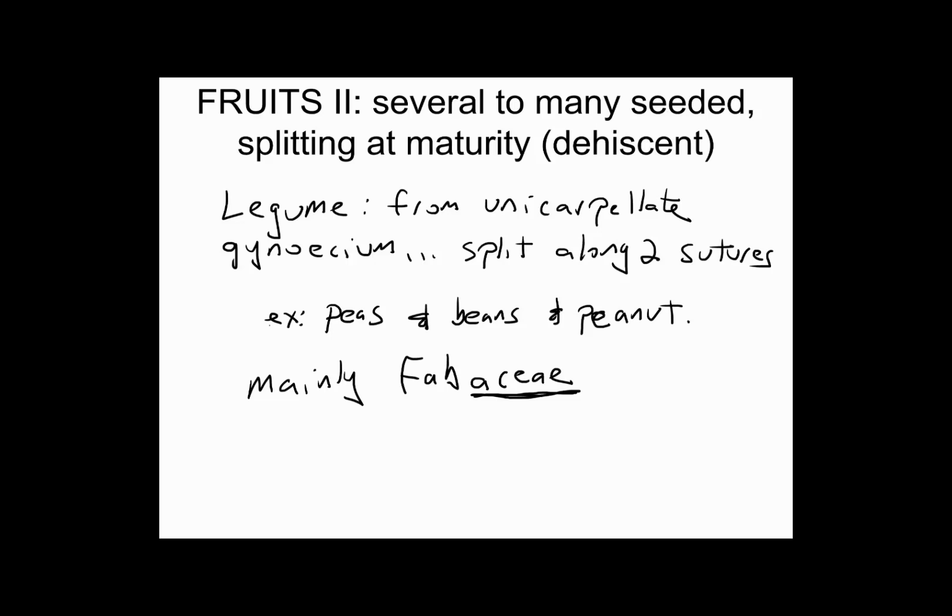So it's a group of related genera. And the way that you know that a certain word means it's a family is it ends in A-C-E-A-E. And the first part is the name of an important genus in it. In this case, it's Faba, which is a big genus in the Fabaceae, so it's named after it.